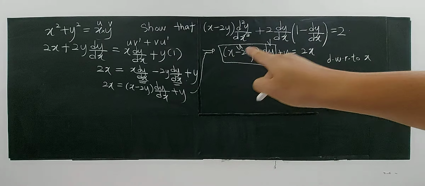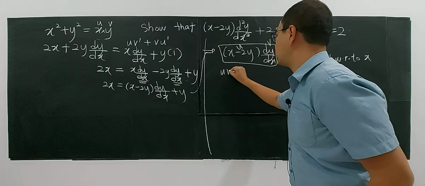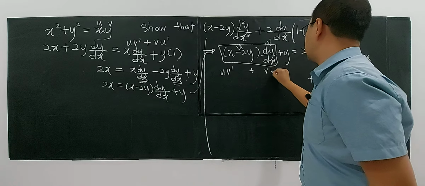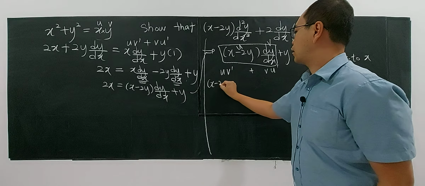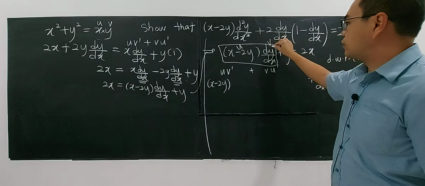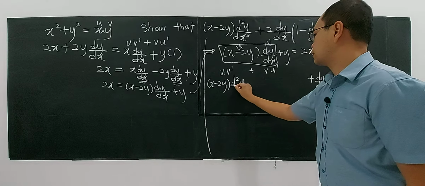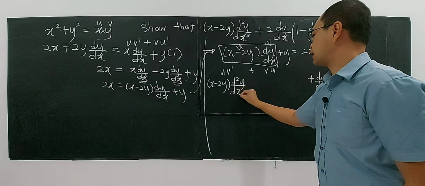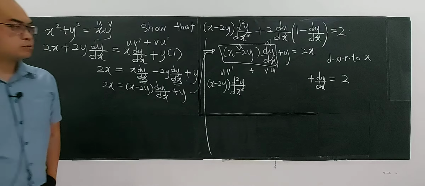So now uv' plus vu'. u is x minus 2y, v' is the derivative of dy/dx, the second derivative, d2y/dx2.